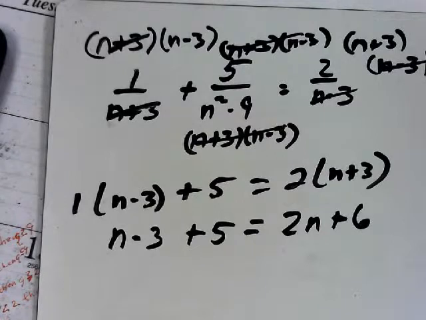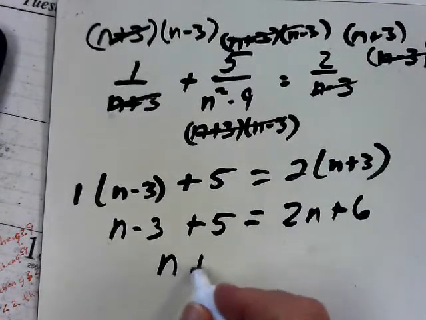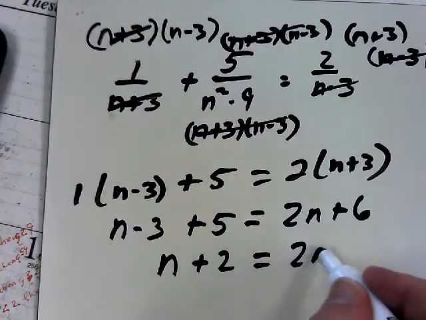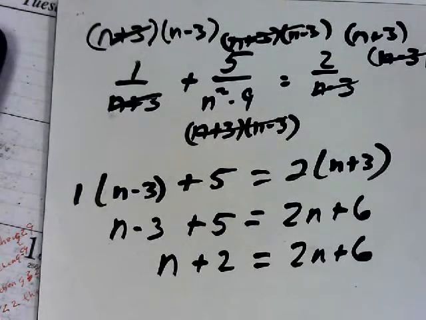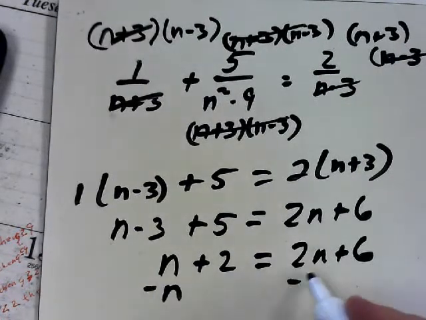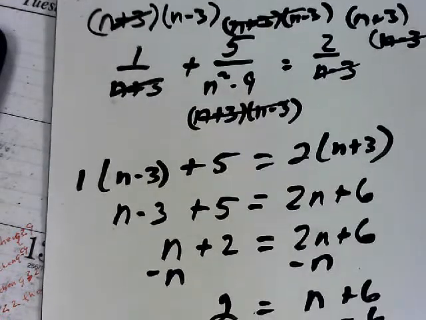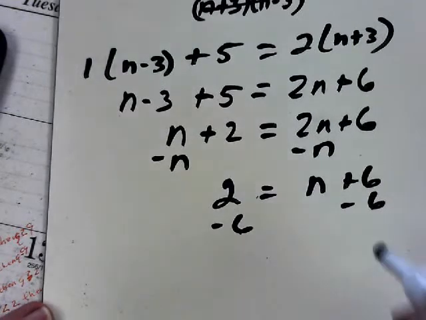You have n plus 2, and you can subtract 3 from 5. Then 2n plus 6, so you could subtract your 2, subtract your n, and then subtract your 6, because you're left with an n, so negative 4.